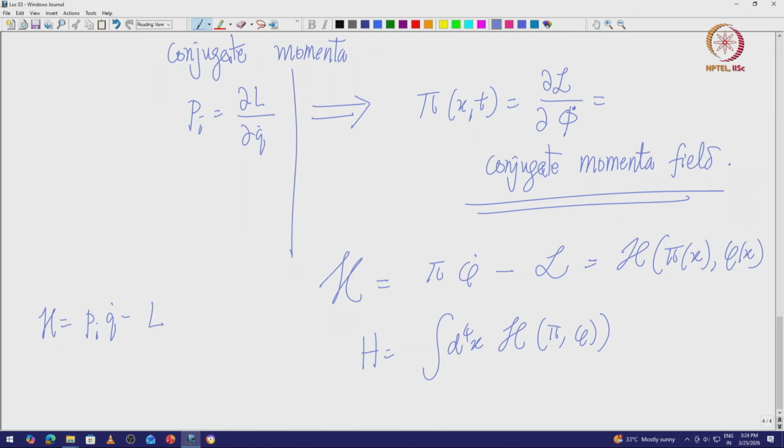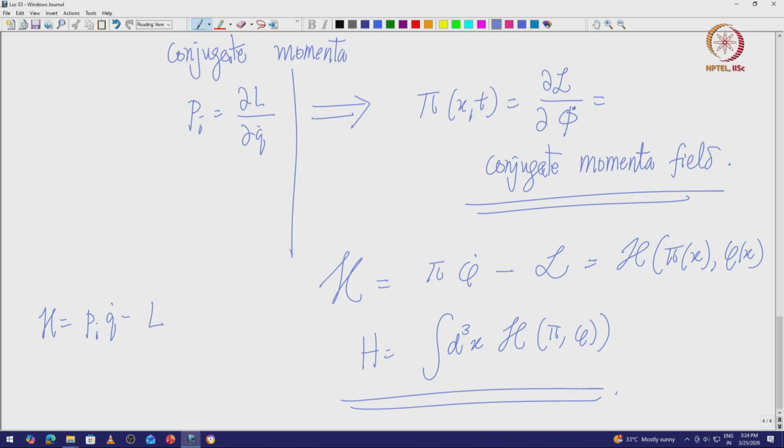Okay, this is how you define your Hamiltonian density, and you can write it in a covariant fashion and so on, so essentially. Okay, this sort of sets the full Hamiltonian. Okay, I should be careful here. I think it should be d cube of x.